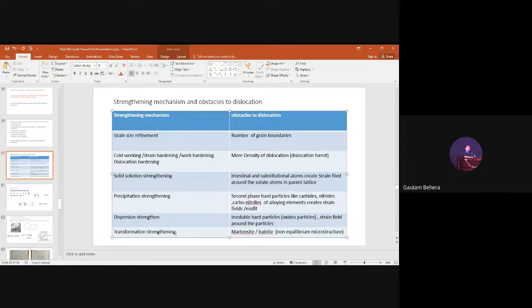And transformation strengthening by generating non-equilibrium microstructures, martensite and bainite. Okay, I'd like to stop here for today, and we will continue the lecture from grain size refinement.